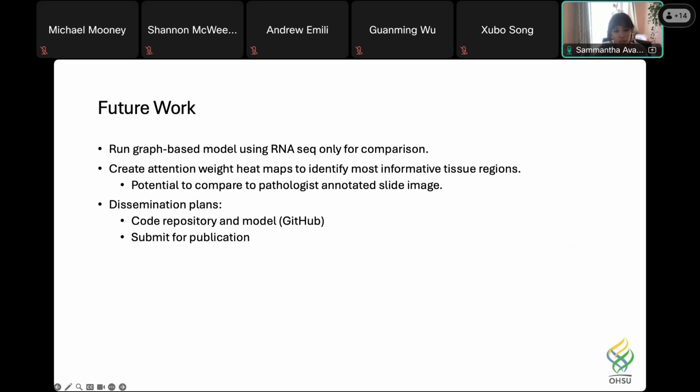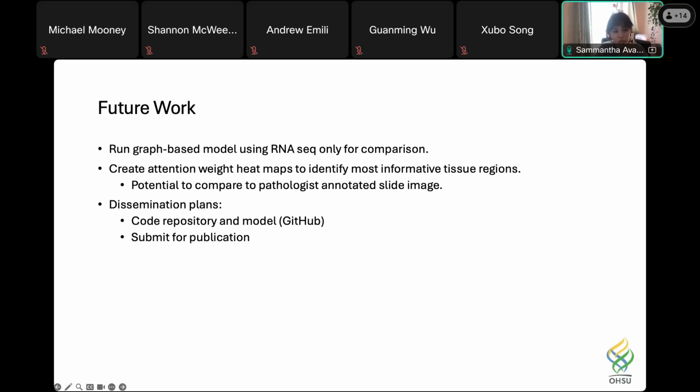As mentioned earlier, by using the multiple instance learning attention scores, we can create attention heat maps that highlight tissue regions most informative of basal and luminal classification. And so by comparing our identified regions to pathologist annotated slide images, we can see how our regions compare to established prognostically significant tissue morphology.